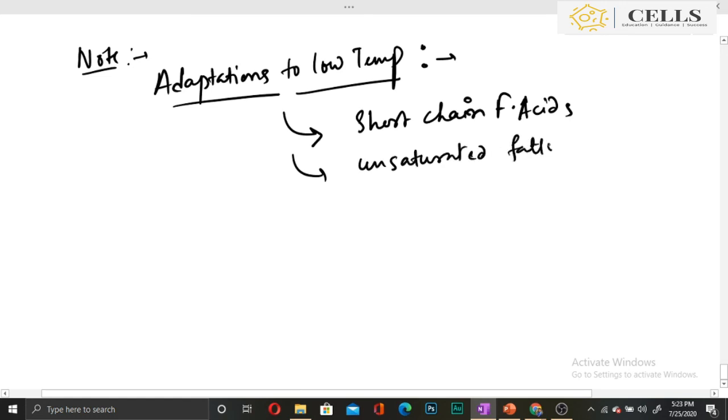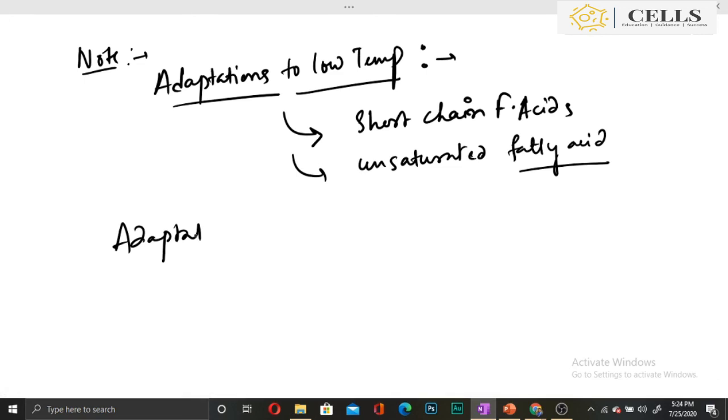There is a marvelous concept in this, but I am not going to explain it because it belongs to the lipid portion of biochemistry. I am just mentioning the important facts. There is a concept regarding melting point and freezing points, but I will tell you in the biochemistry section, so no need to worry about it.